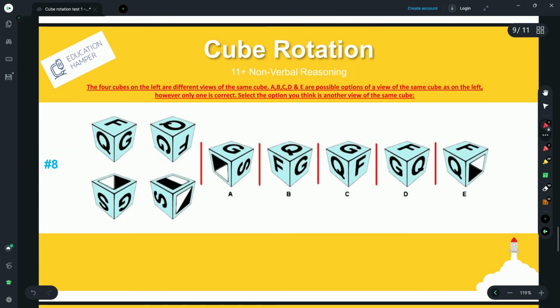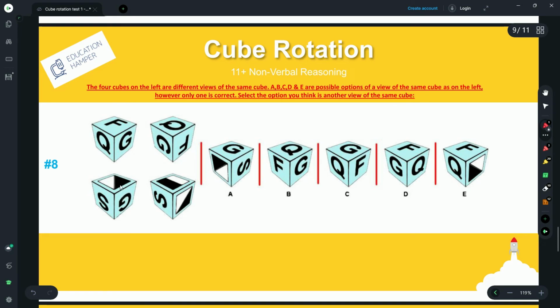Question 8. Let's move on to part A here. So we have the diagonal shape, bottom of S facing the white part of that diagonal shape of the square. So let's make sure that we have S, G, and the square. Okay, here we are. This S faces the correct side of that diagonal shape.